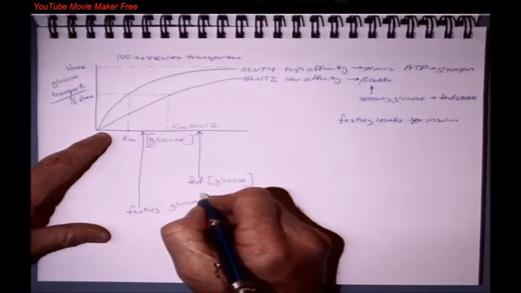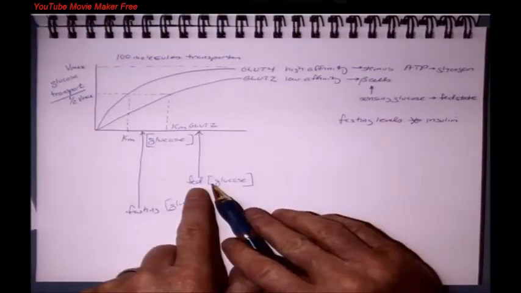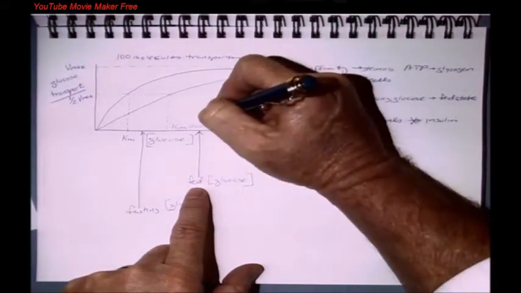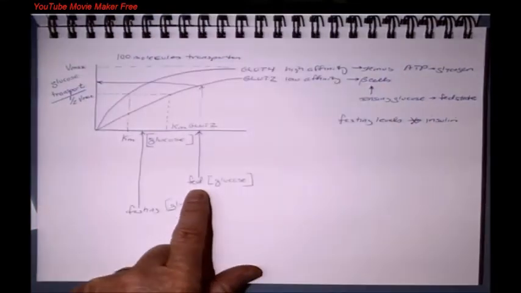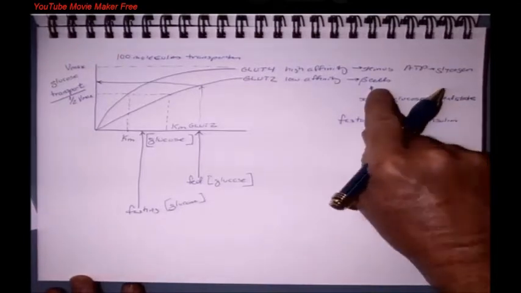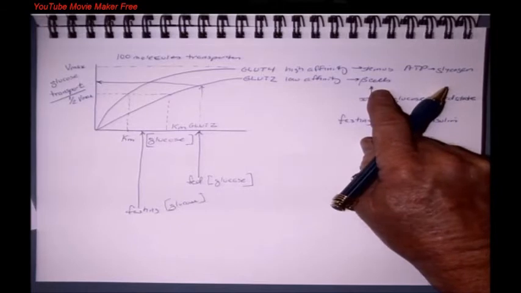So when we consume our glucose, our fed concentration, our concentration of glucose goes up, and look at the activity of the GLUT2 transporter. It's very active. Very active because you want your sensing beta cells to be actively taking up glucose to induce the signals for insulin secretion.